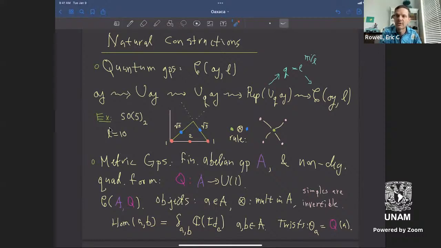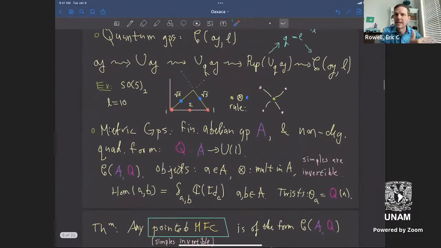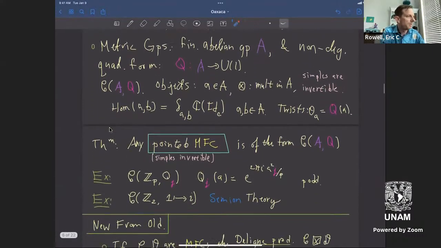It's a very simple kind of construction, but quite useful. So these are called metric groups. So the invariants are probably not very rich in this case, but they are toy models and used in other constructions very often. Okay. So those are a couple of constructions that occur in nature.